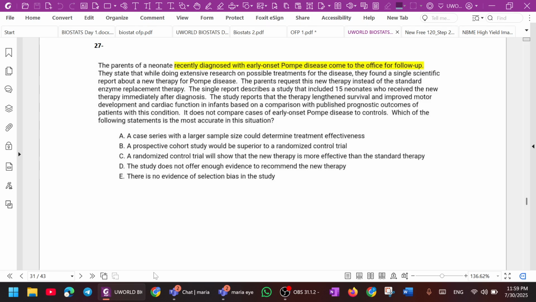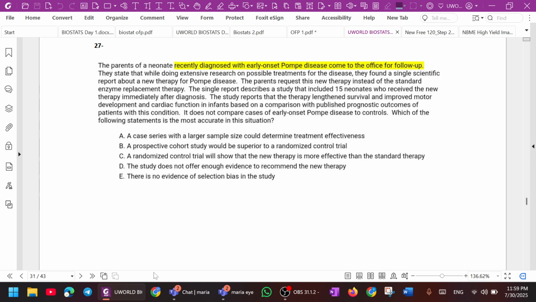The parents request this new therapy instead of standard enzyme replacement therapy.